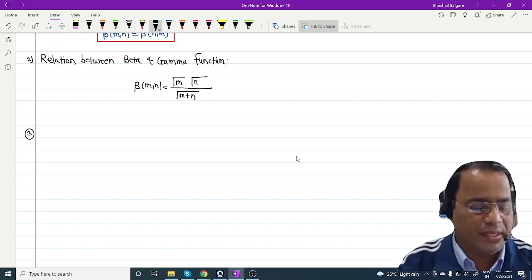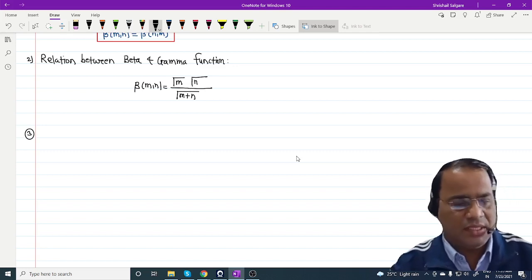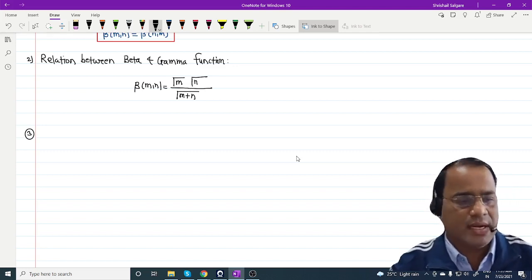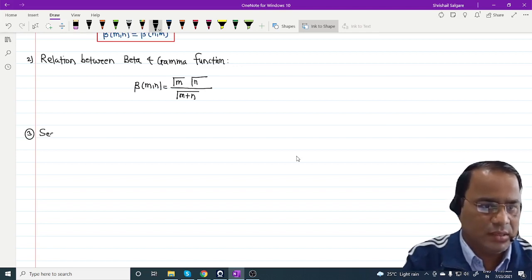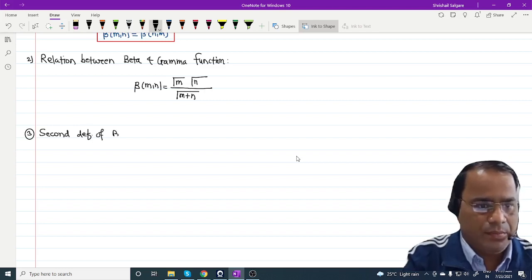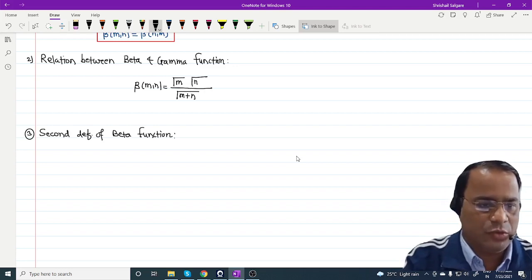Now the third property, we are not taking the proof of this. Beta of mn, this is also known as the second definition of beta function. That means the integral defined in terms of trigonometric terms and how it can be converted to beta.